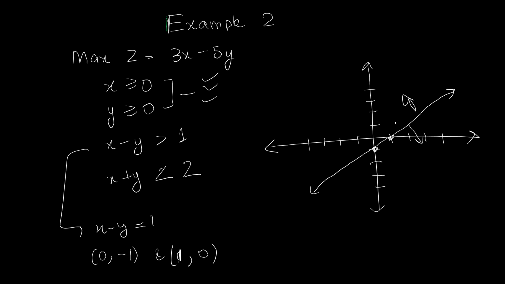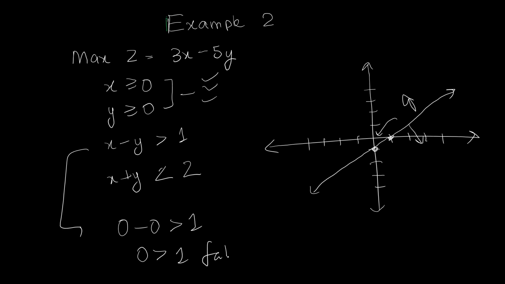The upward side contains the origin, so we check whether the origin satisfies the inequality. Replacing x and y with 0, 0: 0 minus 0 greater than 1, so 0 greater than 1 is false. That means the origin is not included and the region is the downward one.